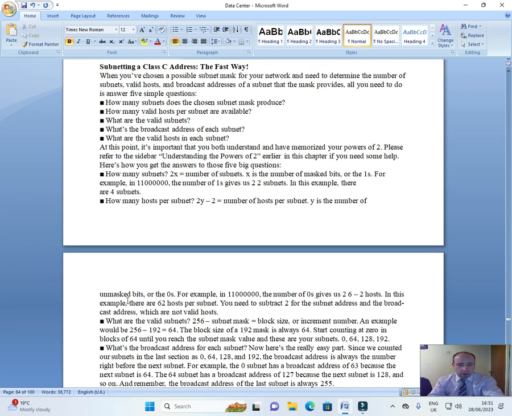Y is the number of unmasked bits, or the zeros. For example, in 11000000, the number of zeros gives us 2 to the 6 minus 2 hosts. In this example, there are 62 hosts per subnet. You need to subtract 2 for the subnet address and the broadcast address, which are not valid hosts.